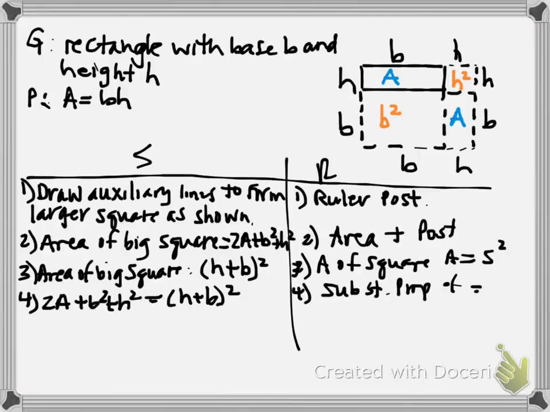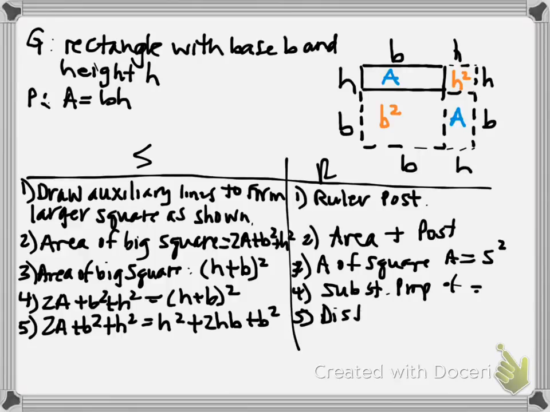Now, I'm only doing math on the right side, and I'm going to FOIL it out, or multiply it out, and I get H squared, I get HB, and HB is 2HB, and B squared. So all I did was distributive property of equality.